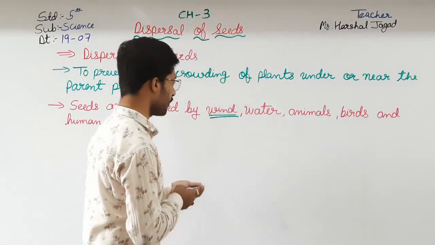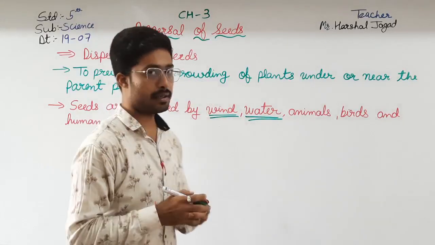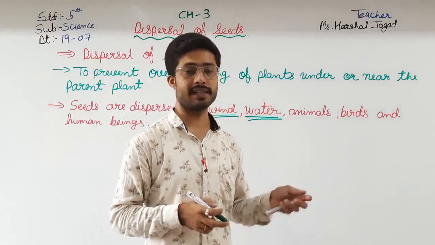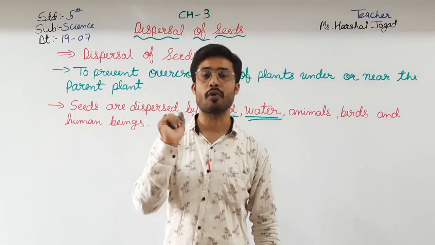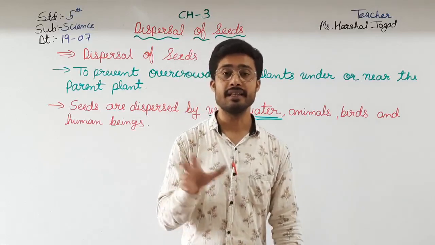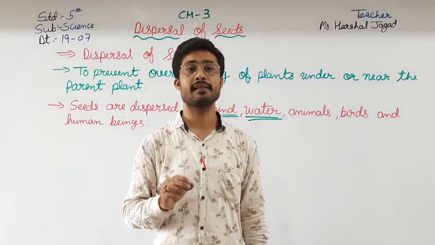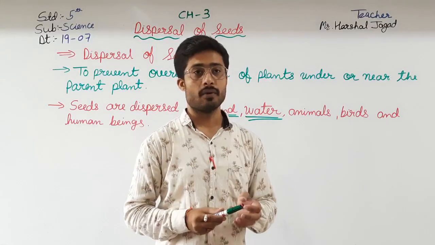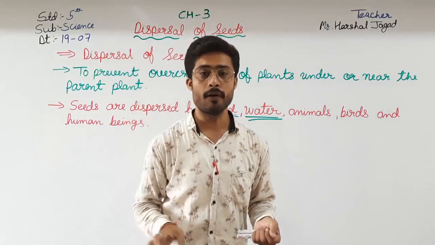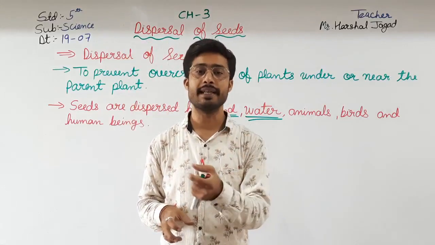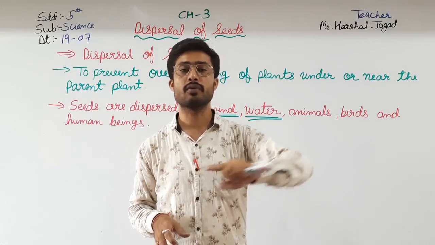Then, talking about water, how is the dispersion of seeds by water done? We have seen the coconut tree which is near the sea area. When the coconut falls down, it goes into the water and the water moves that coconut to other parts.